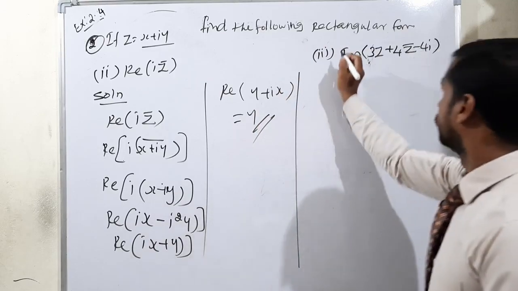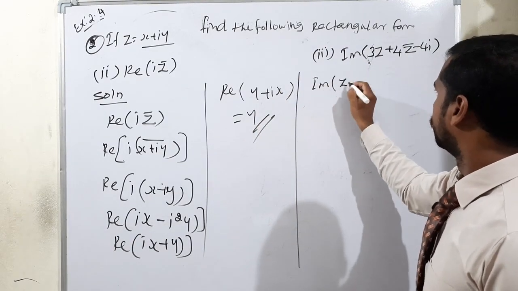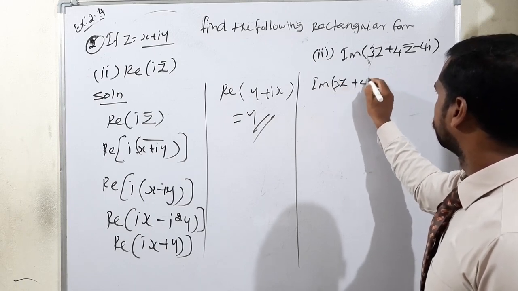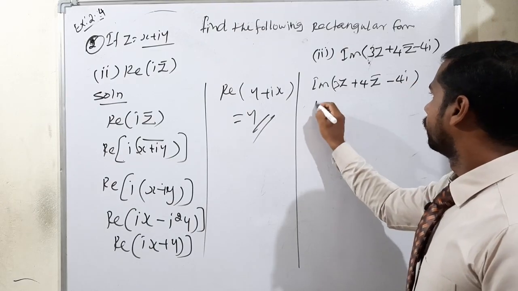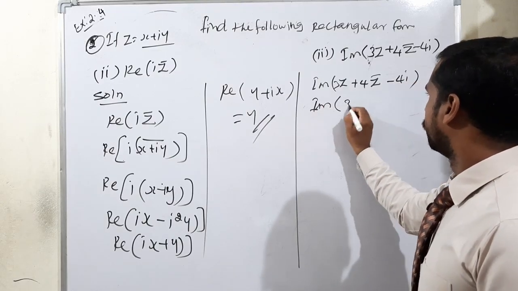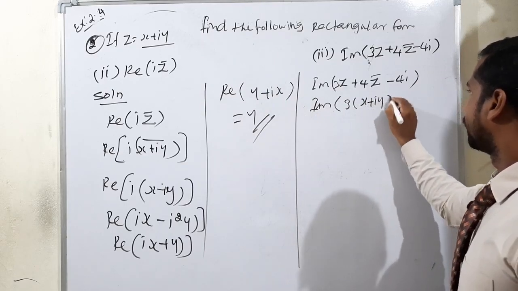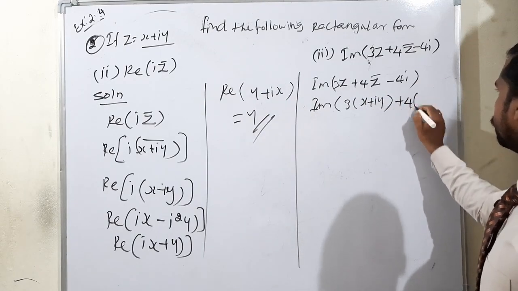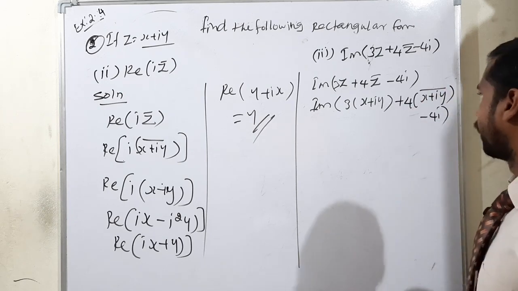I am moving to subdivision third. What is the question? Imaginary of 3z plus 4z bar minus 4i. Then z is equal to x plus iy, then plus 4 into (x plus iy) bar minus 4i.